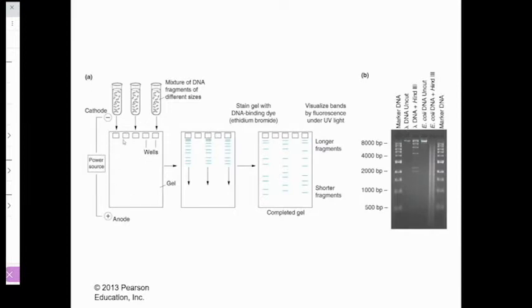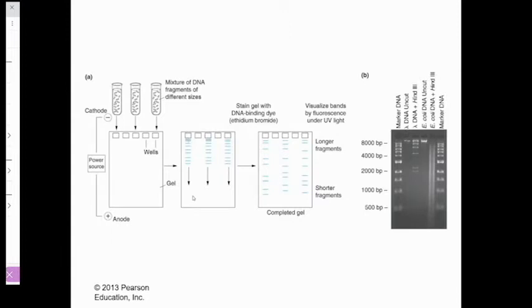This is the gel, and you have wells. A well is the place where you place your DNA sample, and you have this electric field from negative to positive. After you load the sample, you introduce the electricity, and the DNA will migrate from negative to positive.